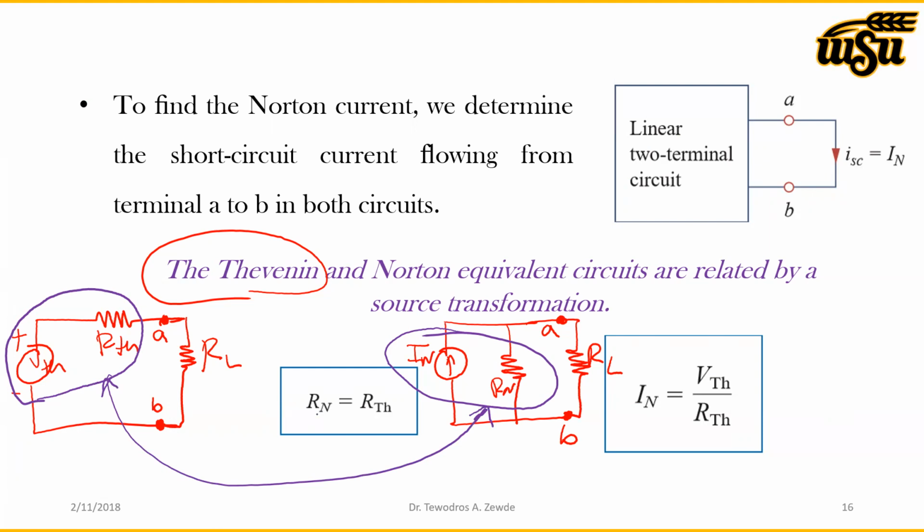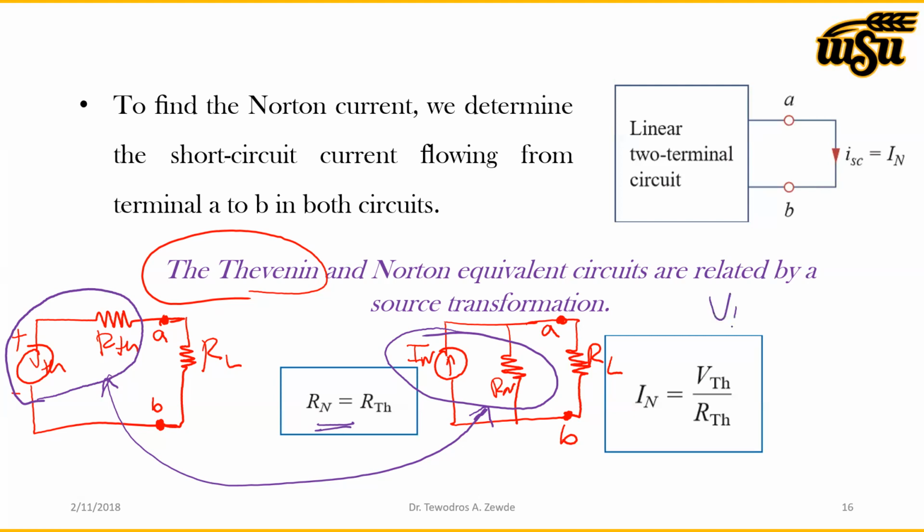Now we know that RN is the equivalent resistance when all the voltage and current sources are removed, and RTH is also the equivalent resistance when all the voltage and current sources are removed. So RN and RTH are always equal, so we get the same value whether we use a Thevenin or Norton equivalent circuit.